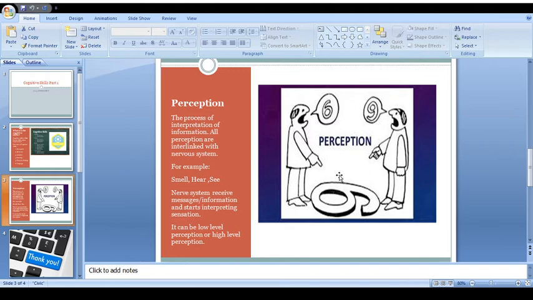Smell, hear, see: somebody's cooking, and everybody has a perception of what is cooking. Somebody hears a noise, and noise can be different. That's a perception, and your assumption of what noise it is. If something is far away from you but you can see it, that's your perception, you are identifying the object. The nerve system receives messages, information, and starts interpreting sensation.